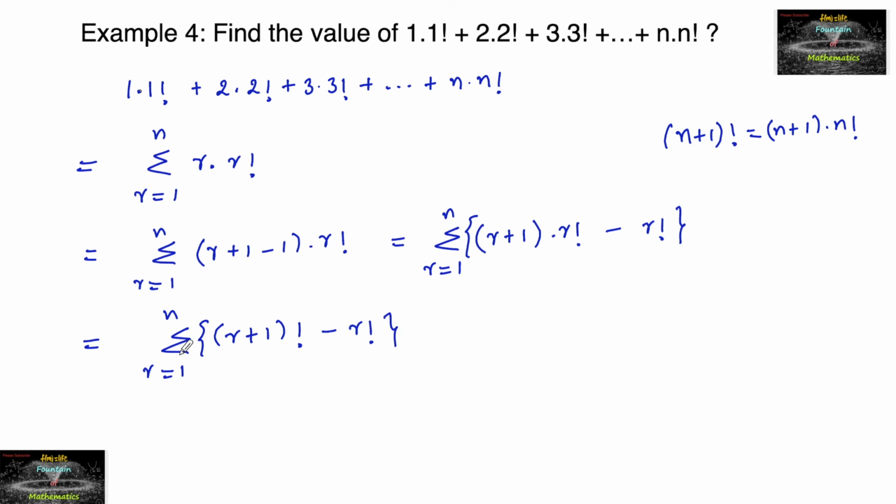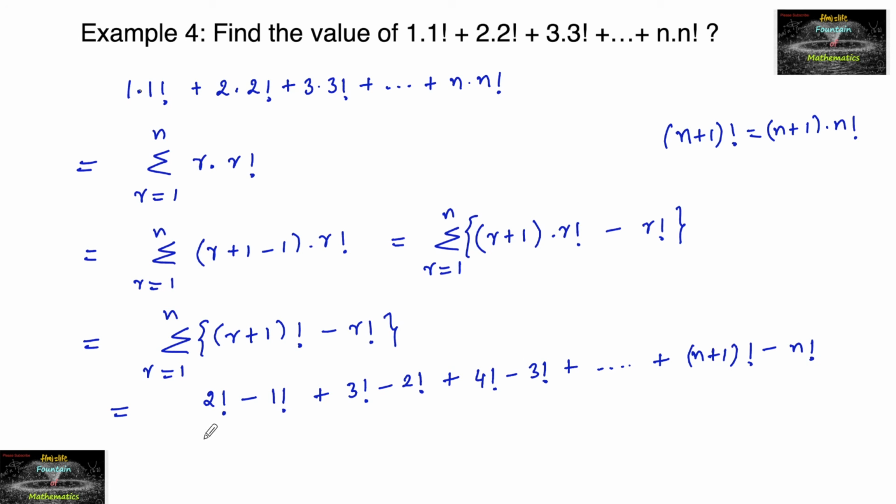Now let us apply r is equal to 1, 2, 3 and so on up to n and expand this. Let us take r is equal to 1 first: 1 plus 1, 2 factorial minus 1 factorial, plus, when r is equal to 2, 2 plus 1, 3 factorial minus 2 factorial, plus, when r is equal to 3, 3 plus 1, 4 factorial minus 3 factorial, and so on up to, if r is equal to n, n plus 1 factorial minus n factorial.